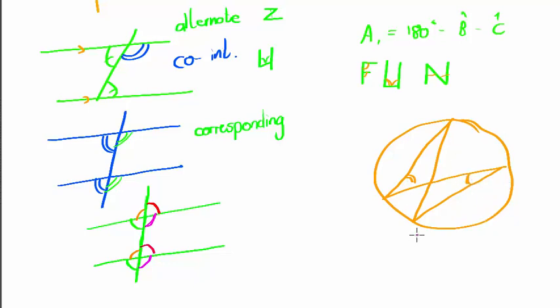But yeah, you can see the Z, but that's a zonky Z, because they don't tell you these are parallel. If they don't tell you they're parallel, they're not. Okay, you cannot assume it unless you've proven in a previous question that they are parallel.